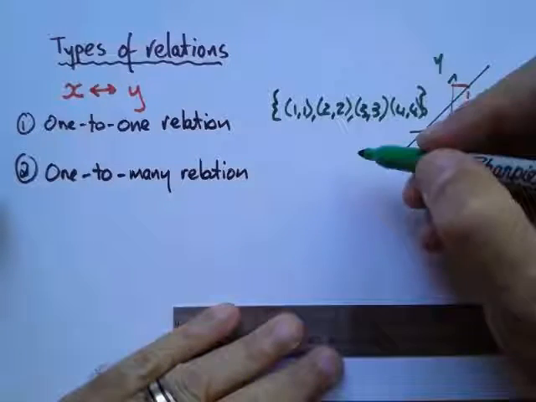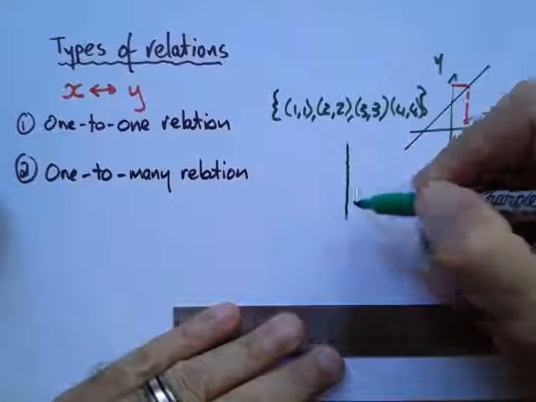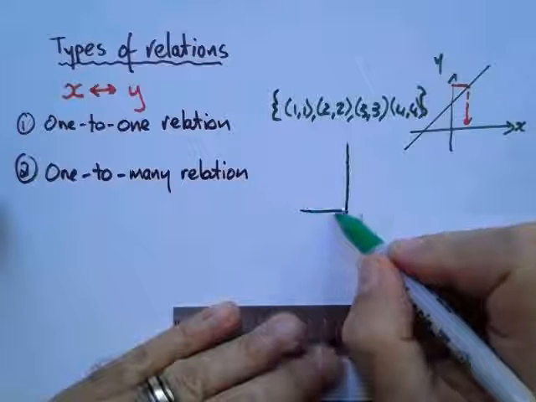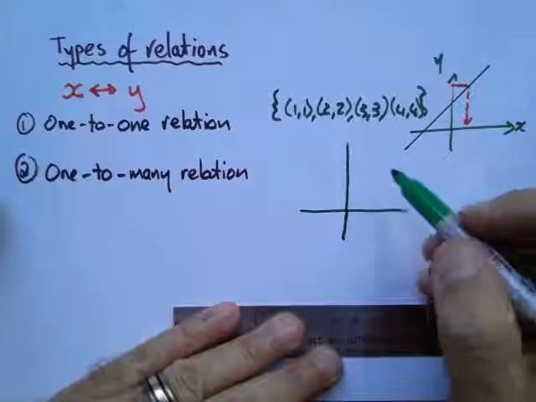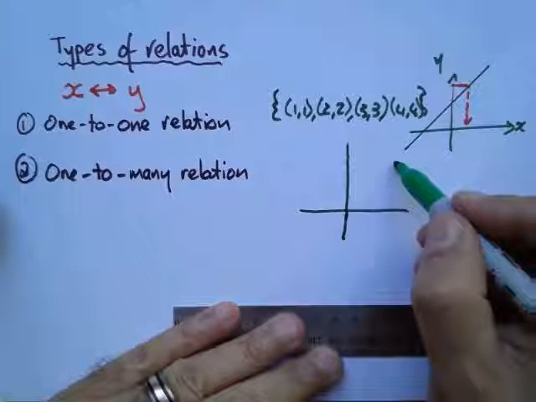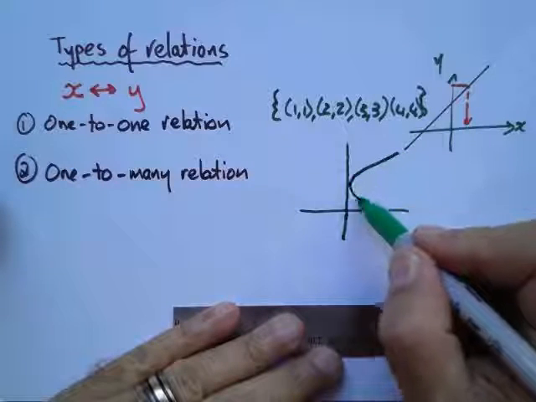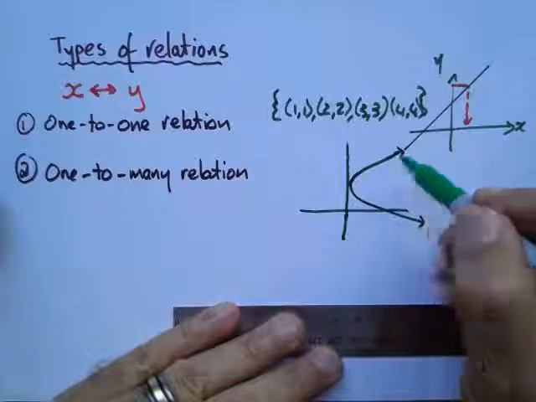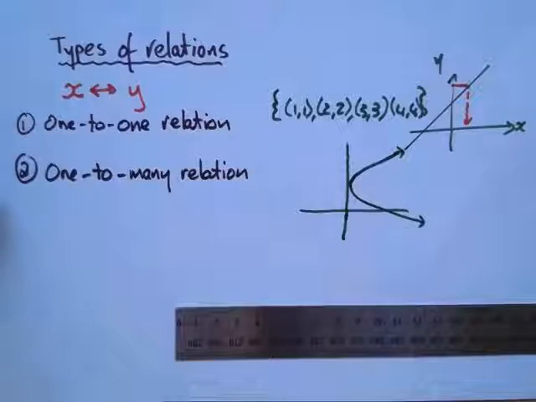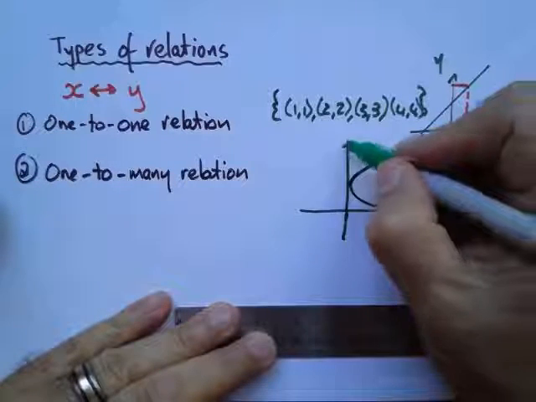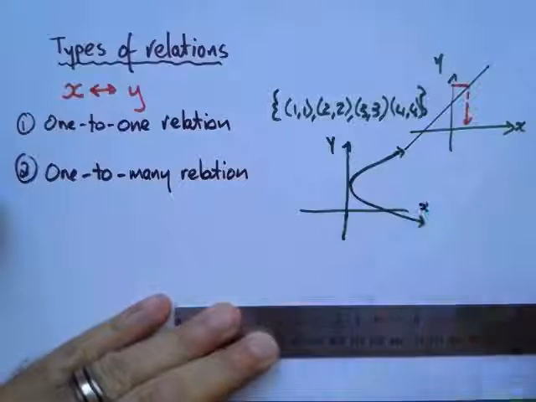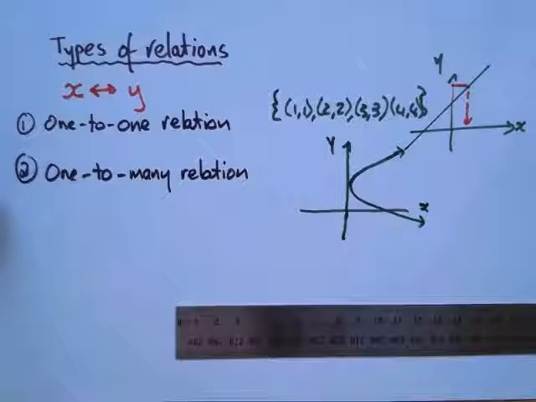Because I'm running out of space, I'm just going to do it here. If I have a graph that looks like this, remember I said I'm always going to work with my y values first. So if this is my y, this is my x, I'm going to look at my y values first.